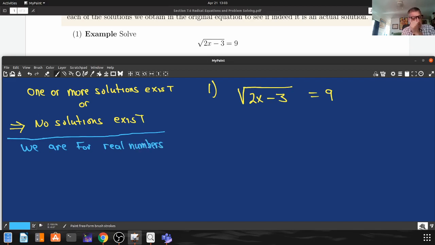That's all we've been looking for. Well, when you look at 7.7, the lecture after this, we're actually going to expand our number system so that there's other things out there other than just real numbers. So we are looking for real number solutions.